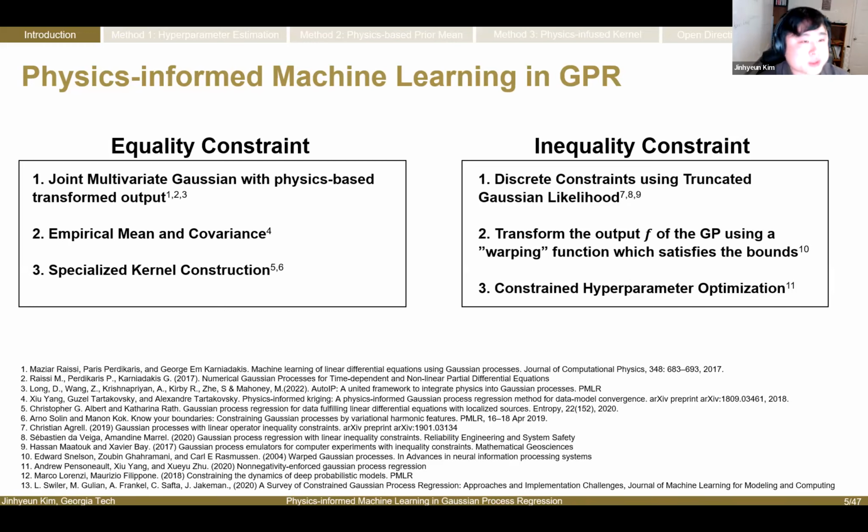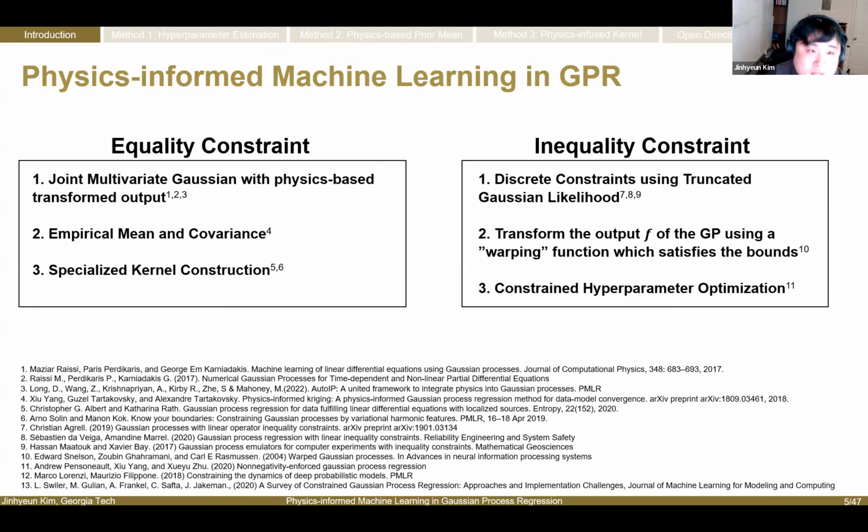It has two different schemes as a big picture to embed equality constraints or inequality constraints. For the equality constraints, the main idea is to construct the multivariate Gaussian or joint probability distribution with the observation output and the physics-based transformed output. For example, if we have an ODE or PDE as an equality constraint, we have the GP function, which is the linearly transformed output.